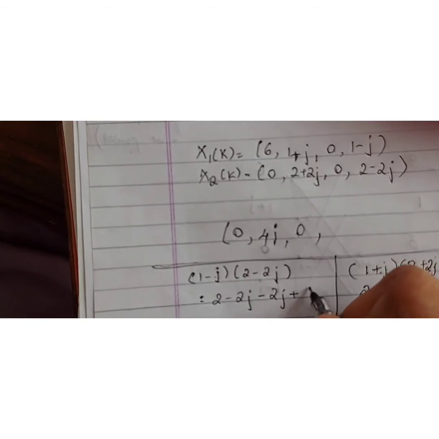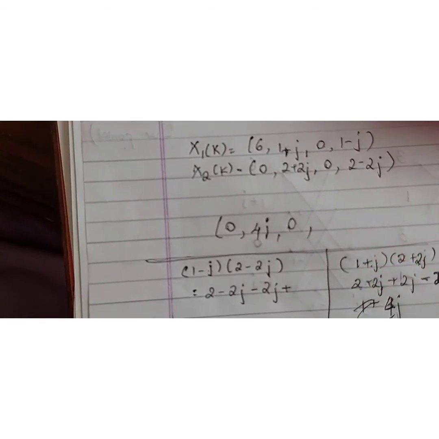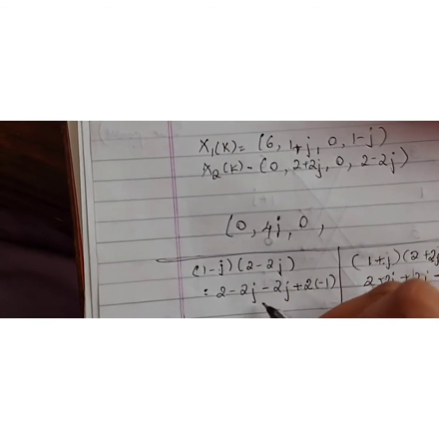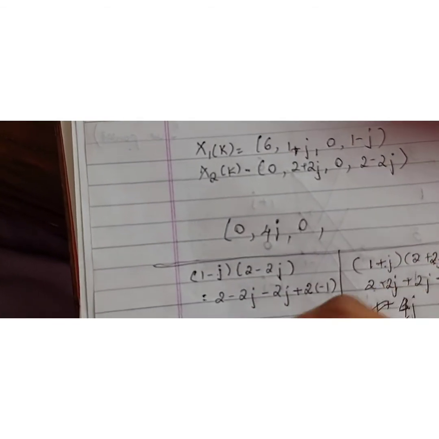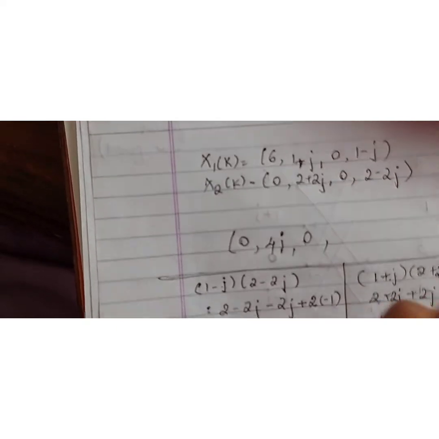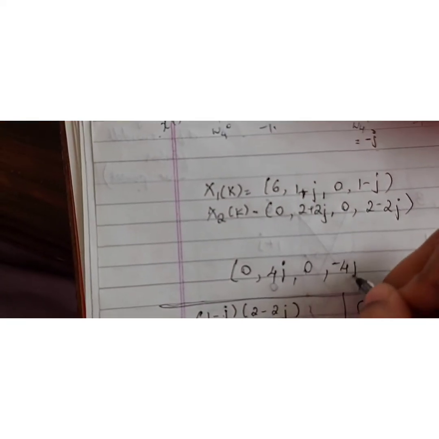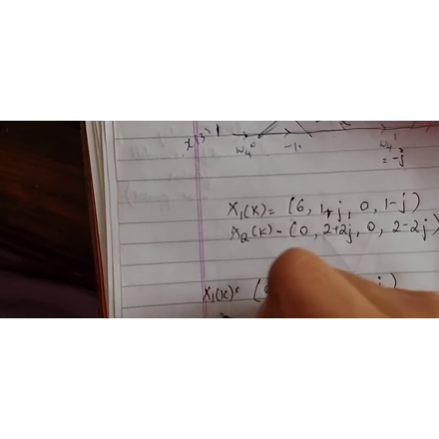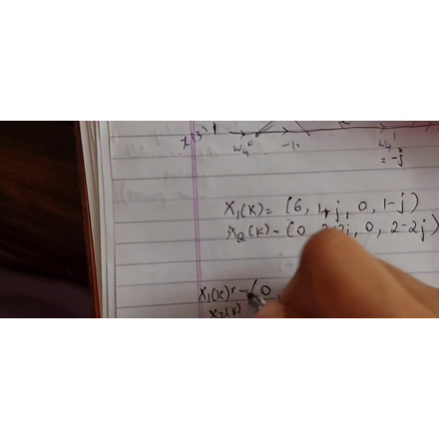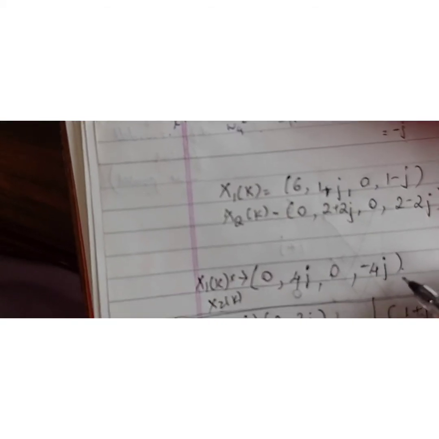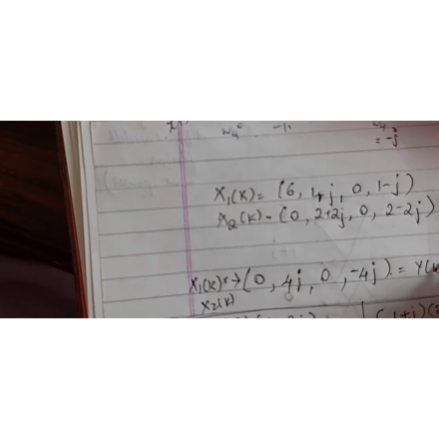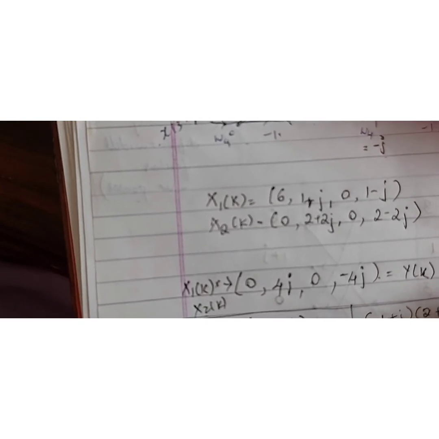This is plus 2j square means it is 2 into minus 1, j square. So 2 minus 2 goes, you are left with minus 4j. So this is minus 4j. So this is your x1 of k into x2 of k. Right? This is the answer for x1 of k into x2 of k. So you call this as y of k, which is x1 of k into x2 of k.